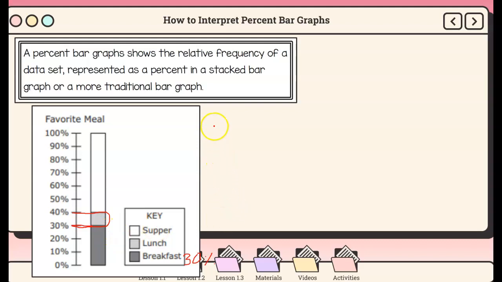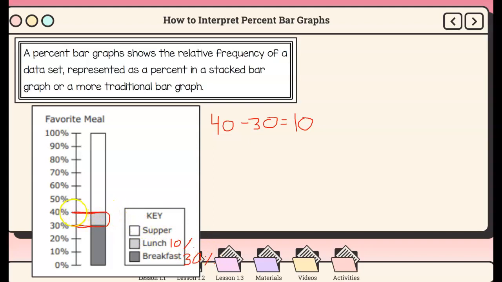And the way we're going to do that is subtract. We're going to subtract 40 where it ended minus 30 where it began. And that's going to give us 10. So I know that lunch is 10%. 10% of people's favorite meal was lunch.